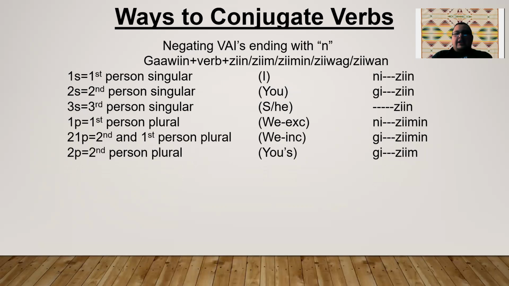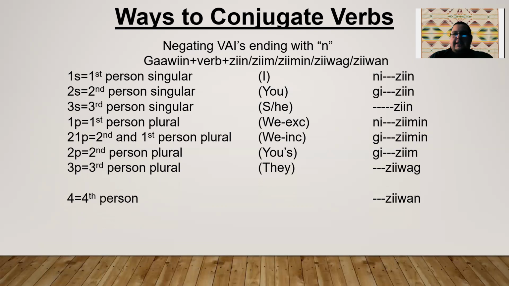Second person plural, talking about yous or you all, gi, your verb plus zim, when we negate it. Third person plural, they are not. Gawin, your verb plus ziwag.